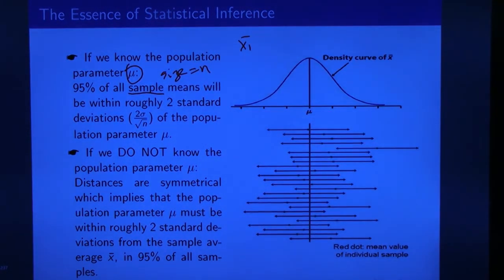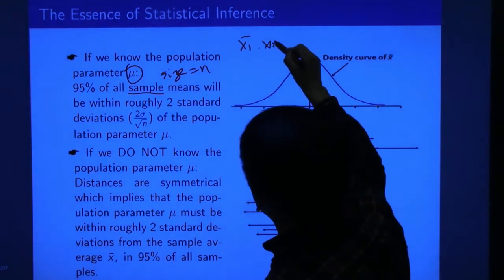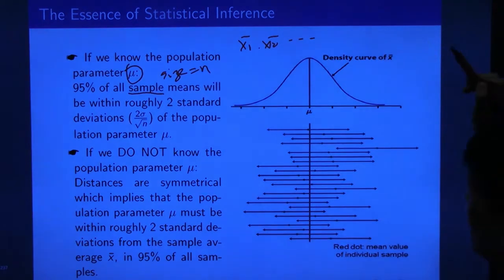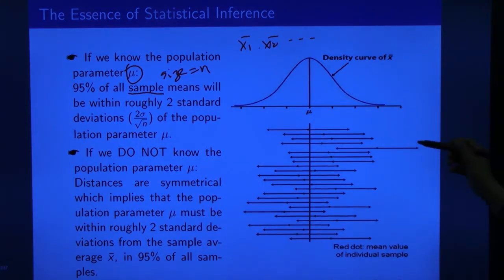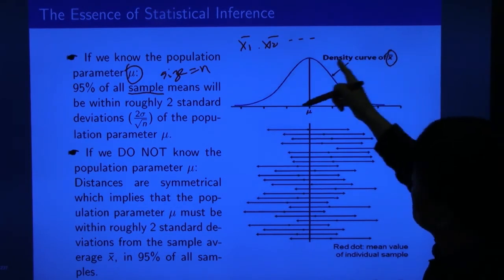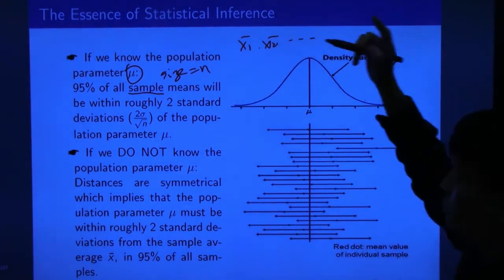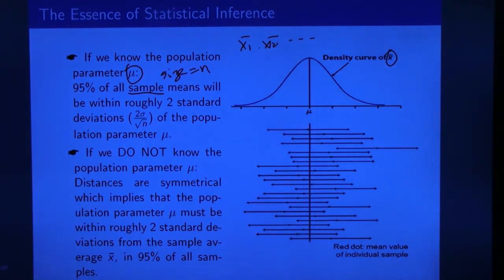Then we take a second random sample and get x2 bar, and we keep going and draw a density curve of x bar. X bar means the mean of the samples: x1 bar, x2 bar, all of these.